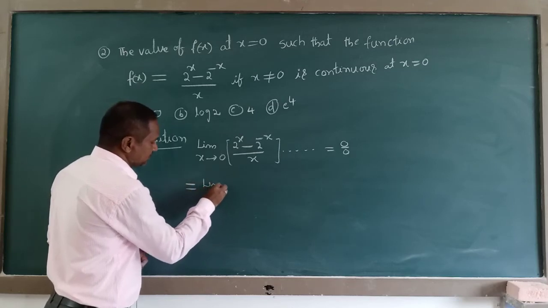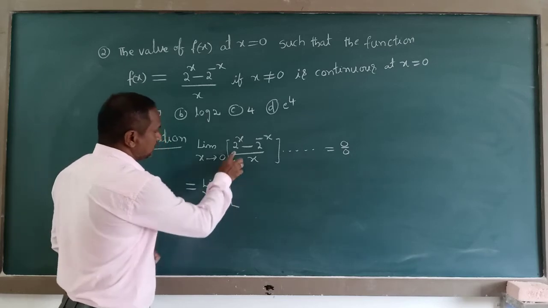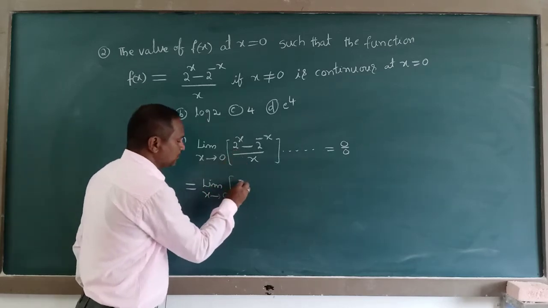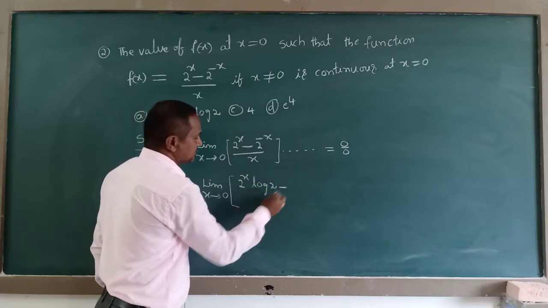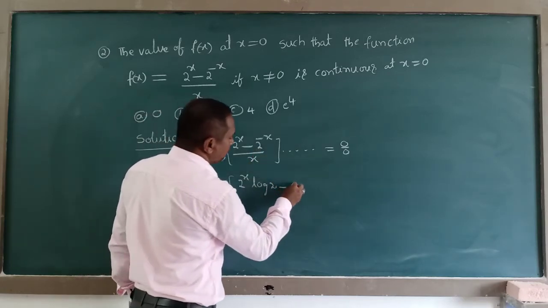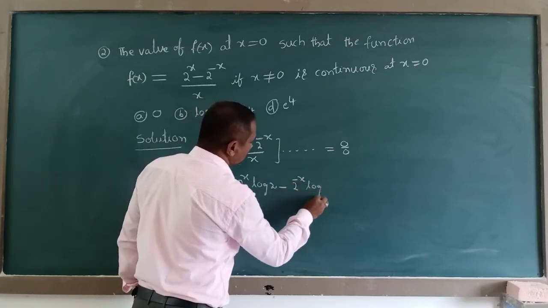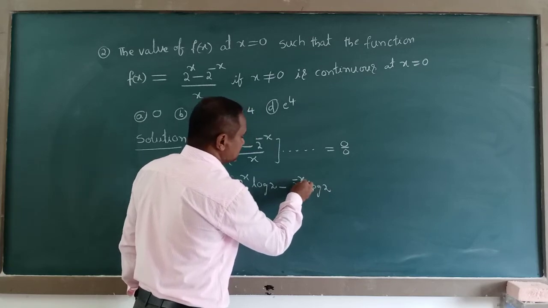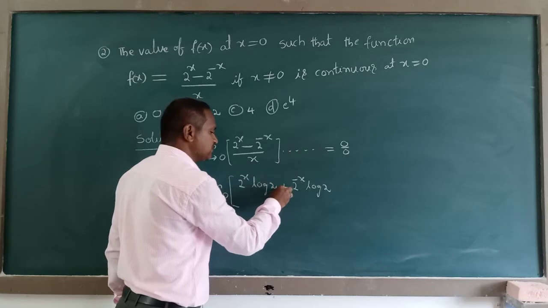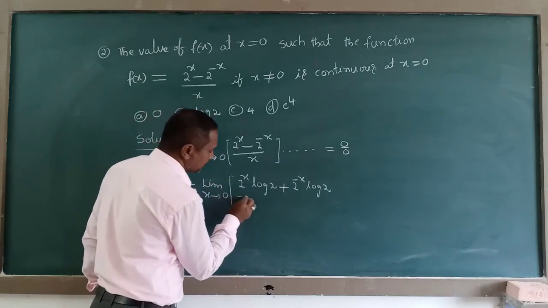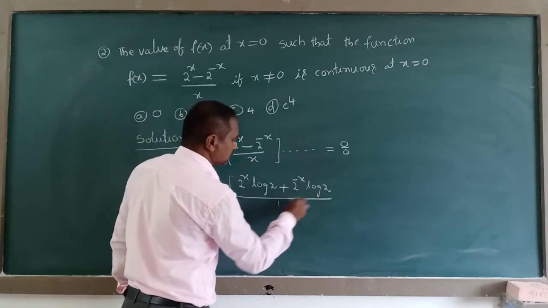Limit x tending to 0. d by dx of 2 power x is 2 power x into log 2, minus d by dx of 2 power minus x is 2 power minus x into log 2, and again the differentiation of minus x is minus 1, that is already minus there, so minus of minus becomes plus, whole divided by x, d by dx of x is 1.